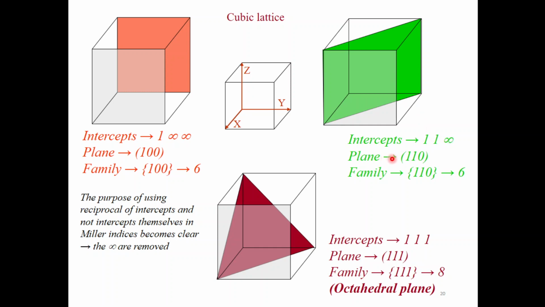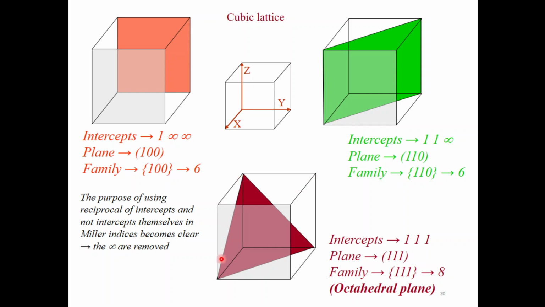By taking reciprocals of these intercepts, we will have 1 1 0 enclosed in the parentheses. And as far as the family of planes is concerned, remember this is for the cubic structure only, so we can write it in the curly bracket, and the multiplicity comes out to be 6. You can take any order of these intercepts without bars and with bars. So the total number of planes comes out to be 6.